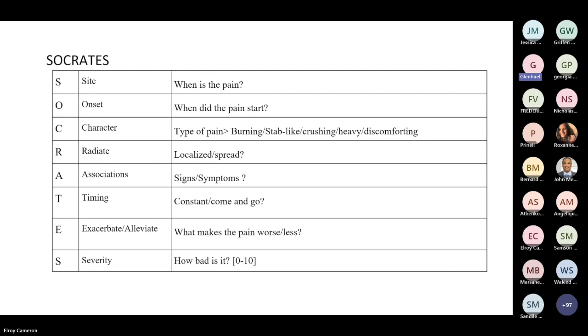So very similar things that they do ask, just in a different way. I would say use what you're comfortable with, what you've been using all this time, whichever makes sense to you. All right, that covers a couple of our pain scales.